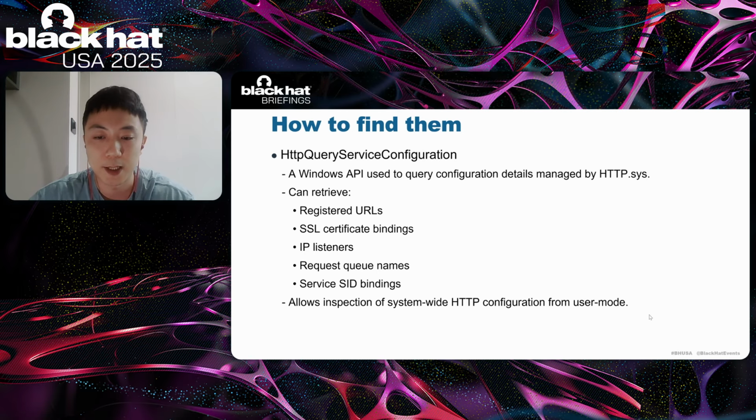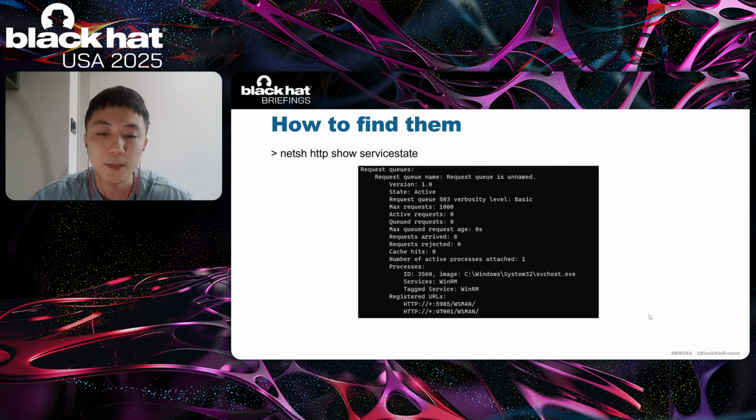After these HTTP services are registered, we can use the HttpQueryServiceConfiguration function to get various information about them. We can easily use the netsh command to get information about all HTTP services. This helps us quickly identify targets for vulnerability research.